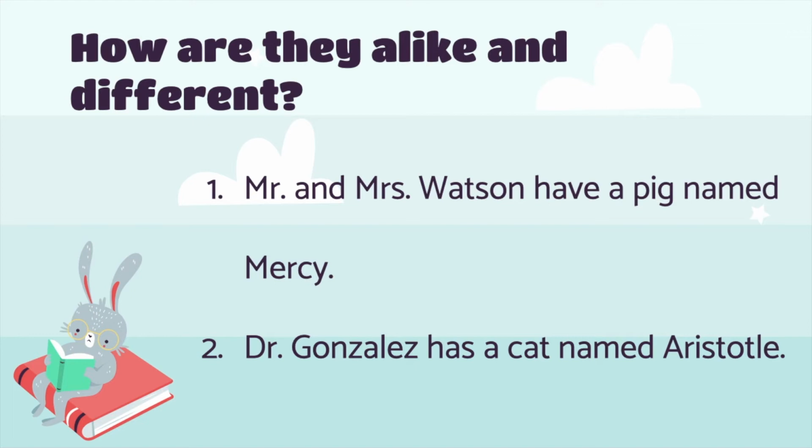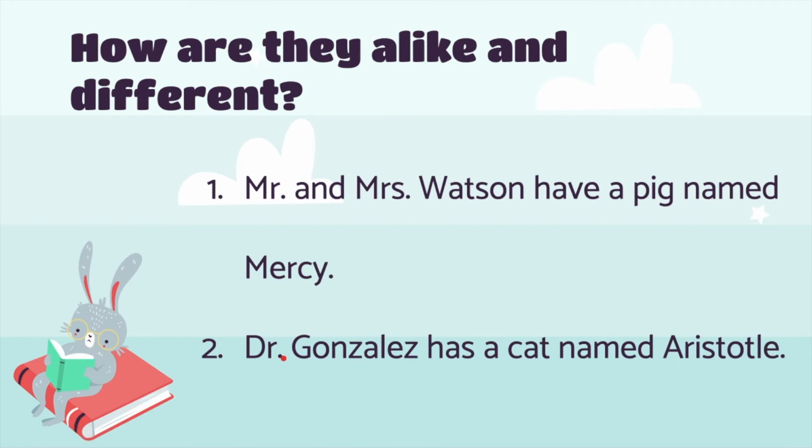So I'm going to give you some seconds to think about how they are different. We're going to do different first. The first thing I'm noticing that's different is that the first sentence is talking about 2 people, so it's plural. And the second sentence is only talking about 1 person, so it's singular.